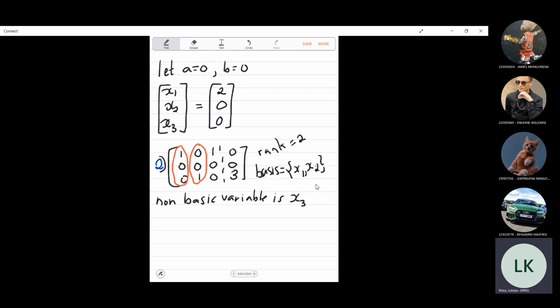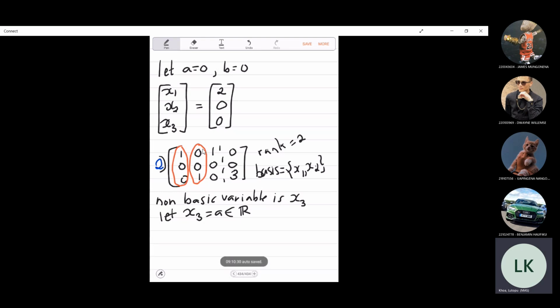Okay, so we can let x3 equal a, where a is just any real number. So for this one here, we can see that x3 is equal to 3, because you can easily solve that one.